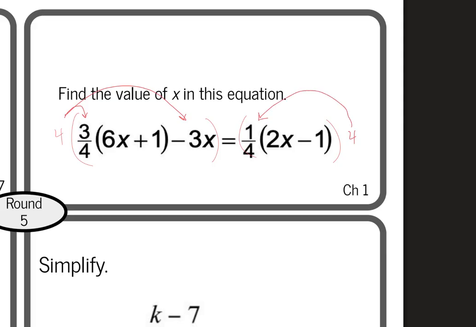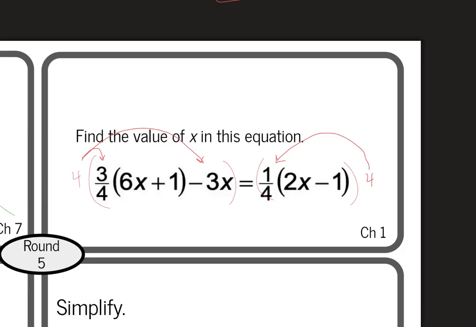Now, if you don't know why, let me give you an easier version. What if I had 4 times 2 times 3 plus 4? Well, you could do the inside, which would be 4 times 6 plus 4, which is 4 times 10, which is 40, right?